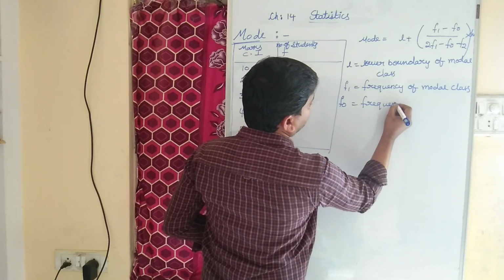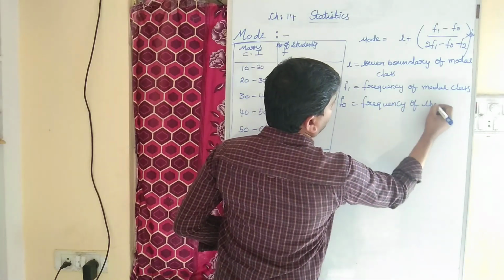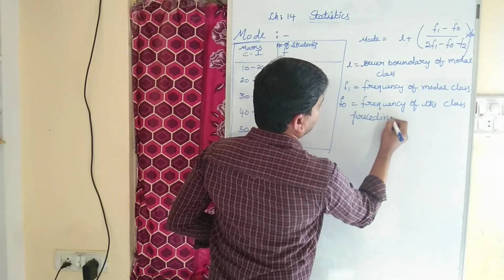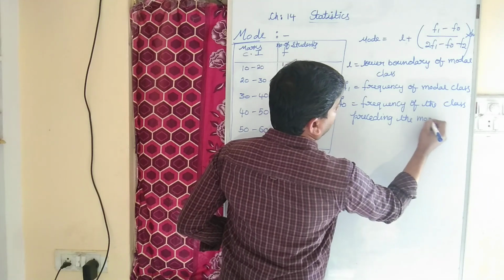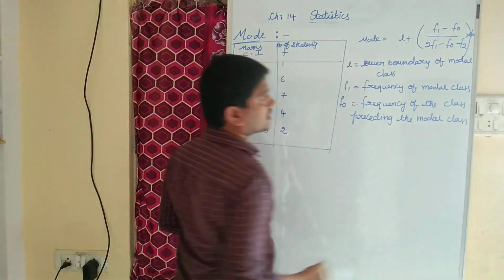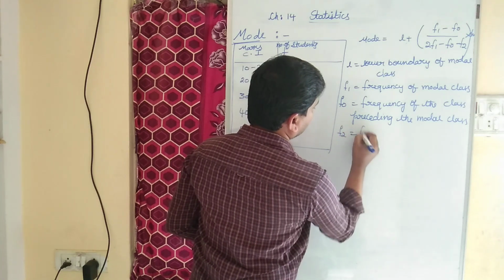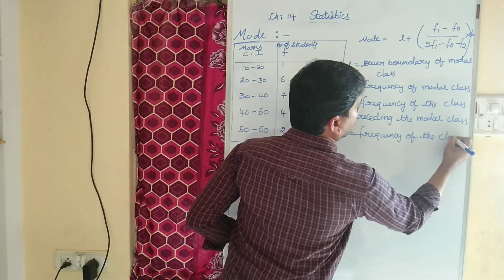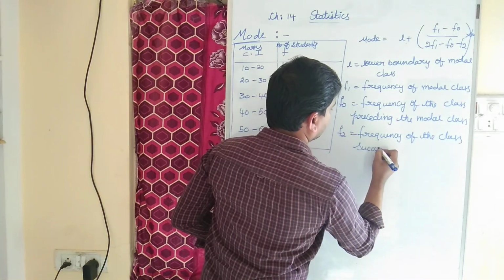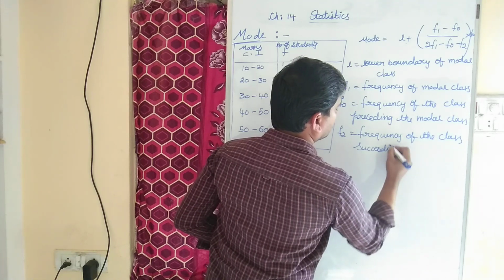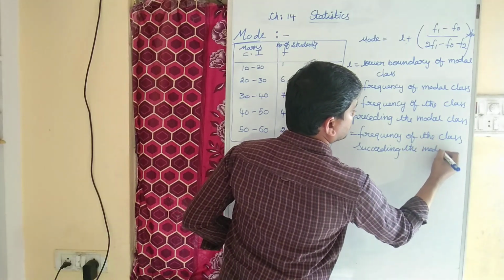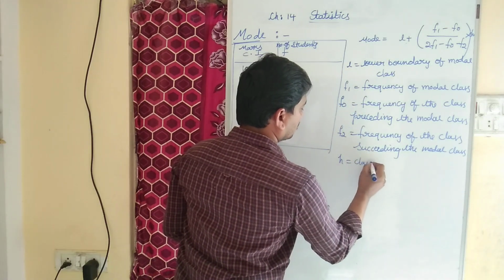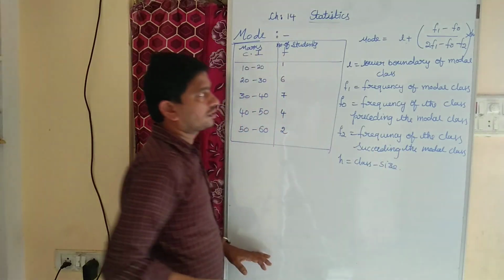Frequency of the class preceding the modal class. F2 is the frequency of the class succeeding the modal class, and H is the class size. Okay, is it clear?